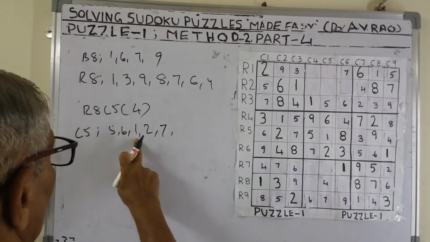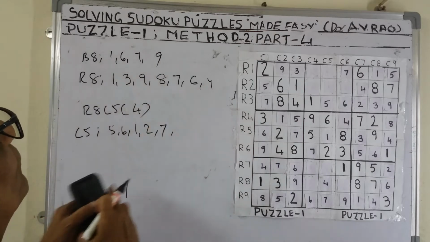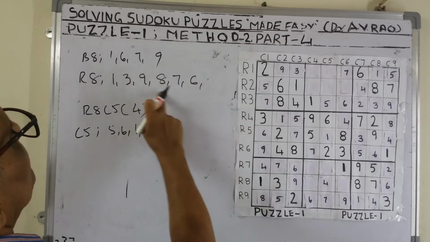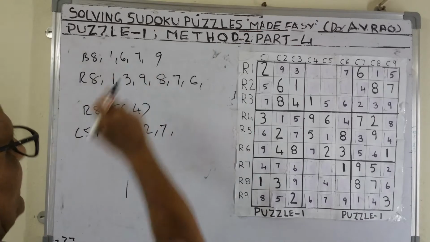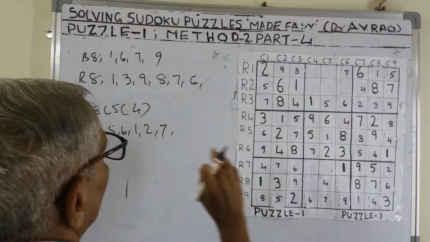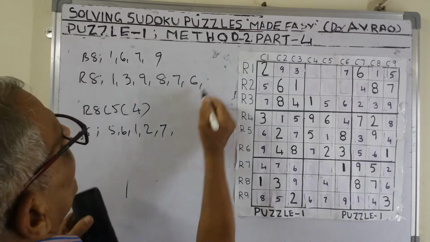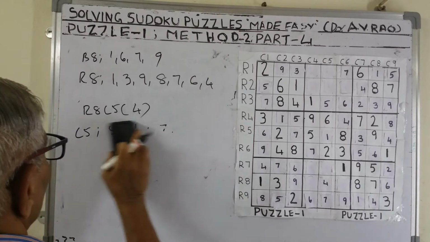So 1 is there, 2 is there, 3 is there, 4, now only we have added, 5 is there, 6 is there, 7 is there, 8 is there, 9 is there. That is alright, the series has been completed. Now add 4. So this we have done.